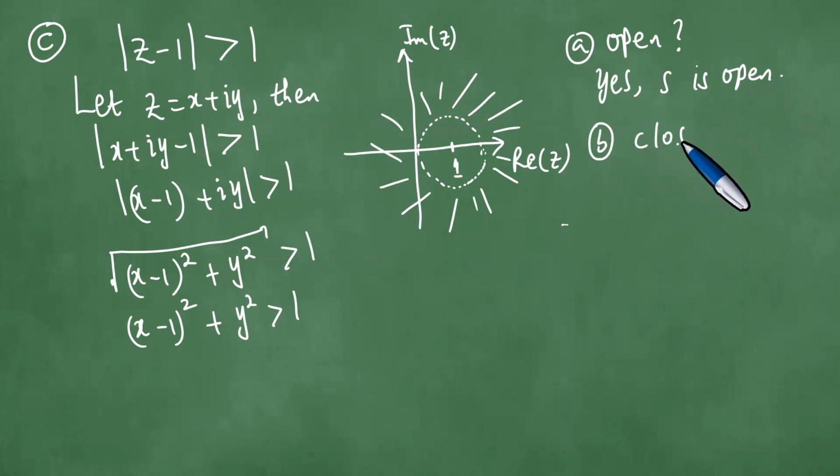B, we ask the question, is it closed or not? Well, a set is closed if its complement is open. So what is the complement of this? The complement is just going to be the boundary and also the interior.